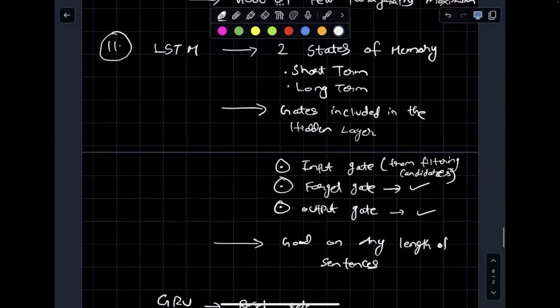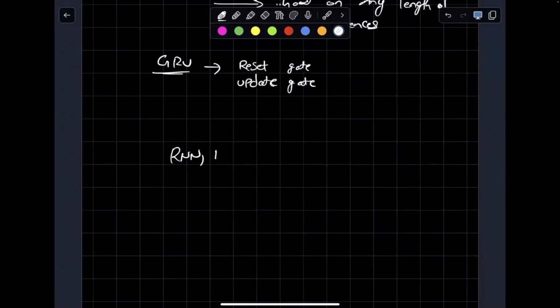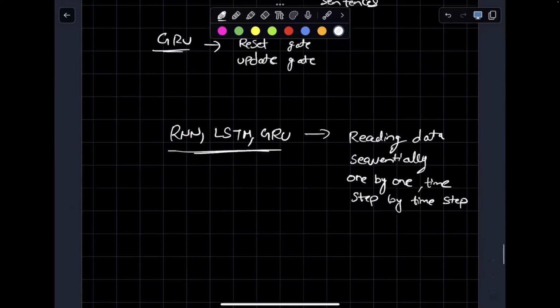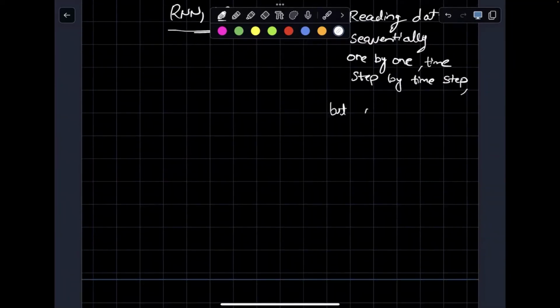Okay. One more important point, guys. So far, whatever we have learned, RNN, LSTM, GRU, these are reading the data sequentially, one by one, time step by time step, but not reading the entire data at once.